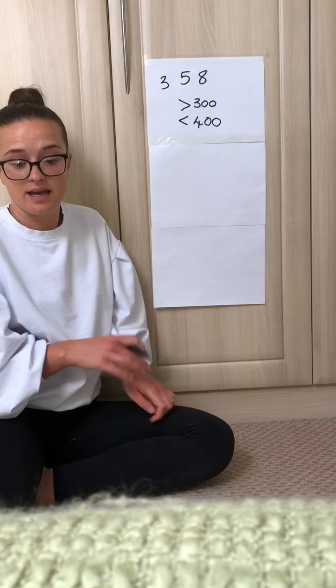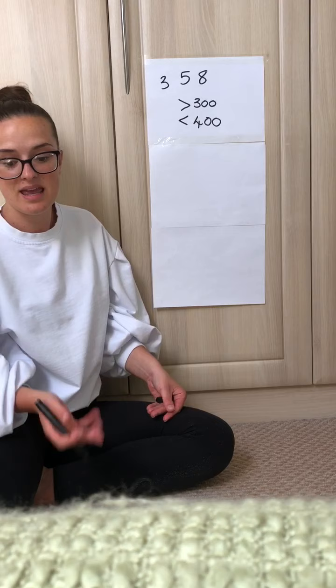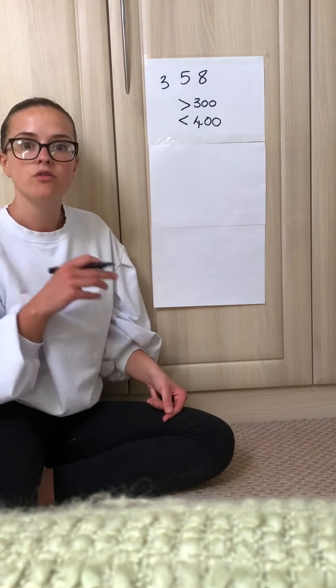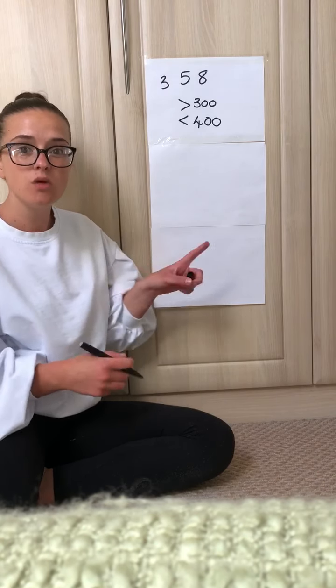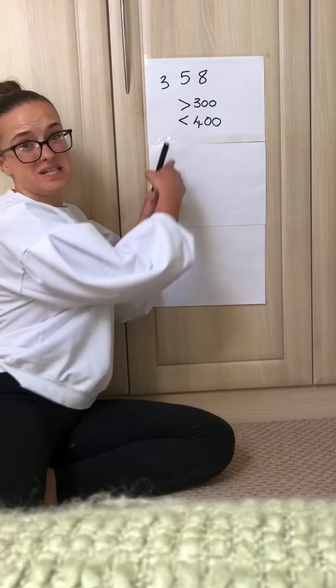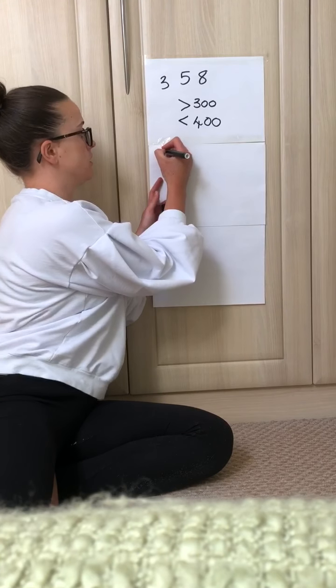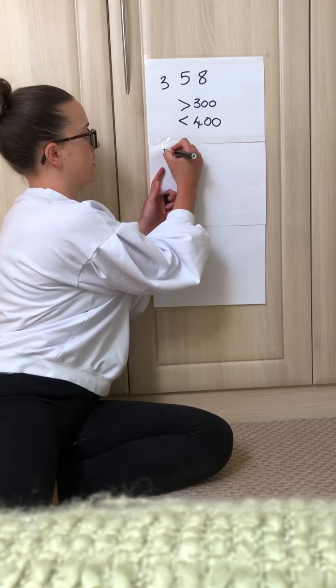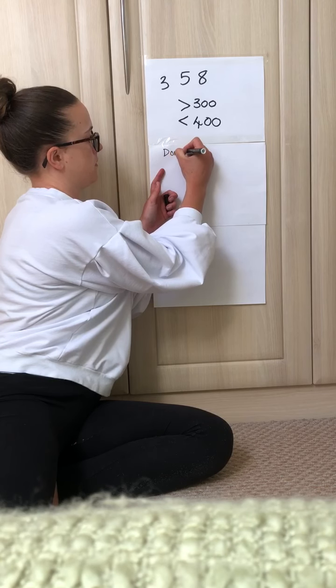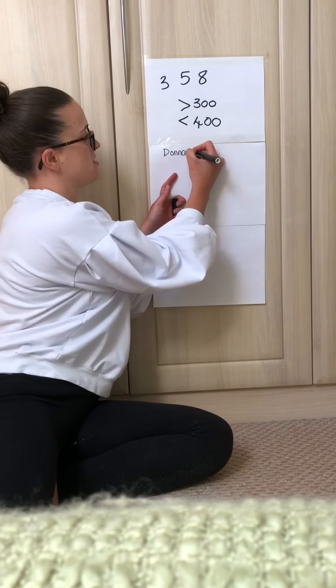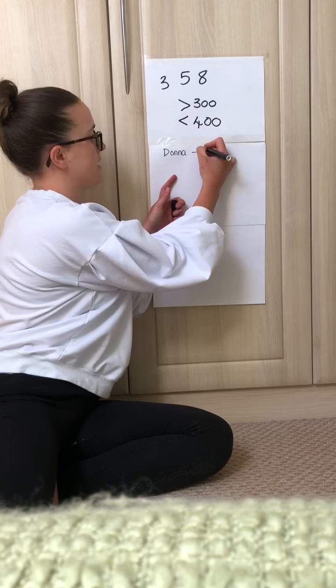Okay, so then it says he notices that he subtracts his number from Donna's number. So I know that the number I'm going to be starting with in my calculation is Donna's number. So we're doing Donna's number subtract Amir's number.